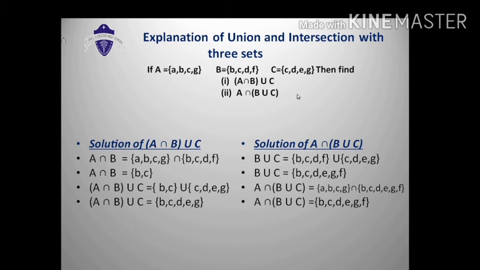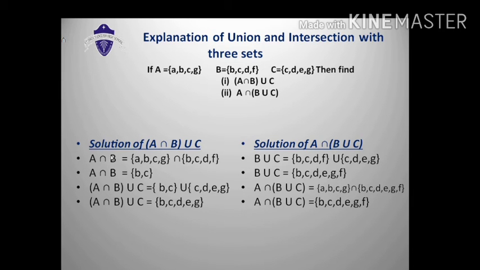So dear class, in this question three sets are given, A, B and C, and two things we have to find. Number 1 is this one, number 2 is this one.